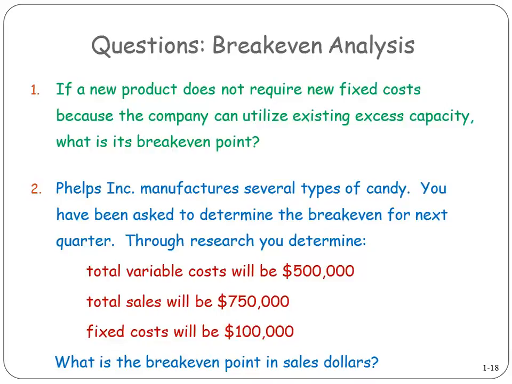It would be based on your variable costs. If you had excess capacity and no new fixed costs, your break-even point is your variable costs. Every dollar you could sell it for more than your variable costs will contribute to profit. Okay?